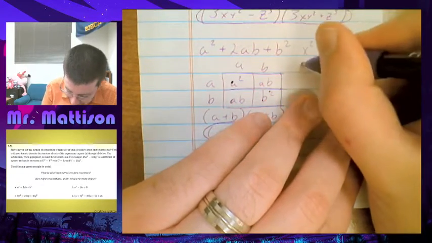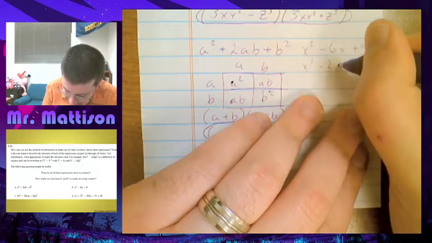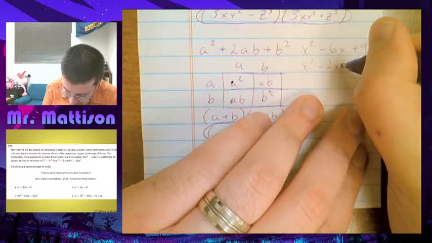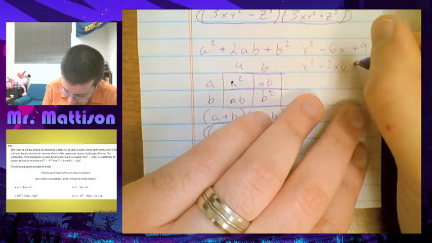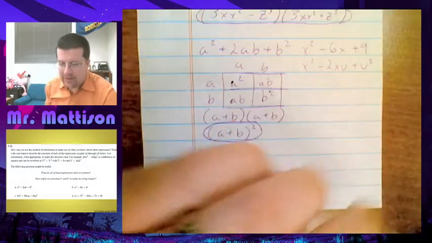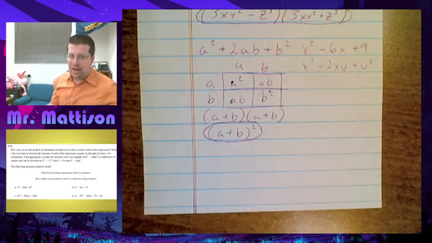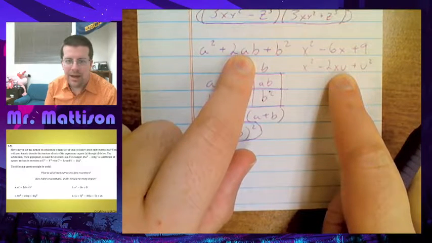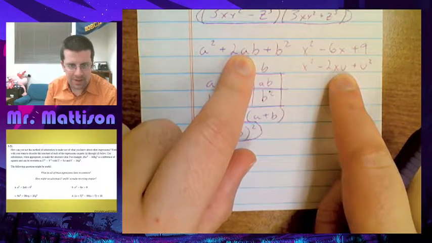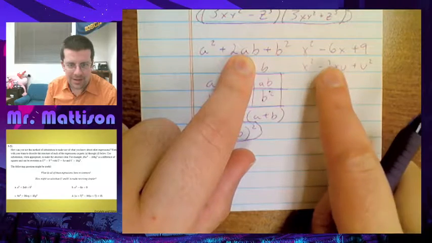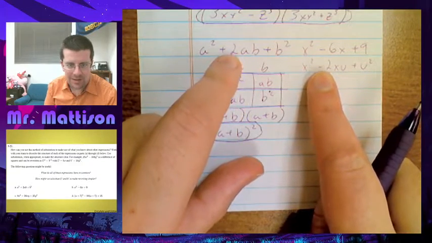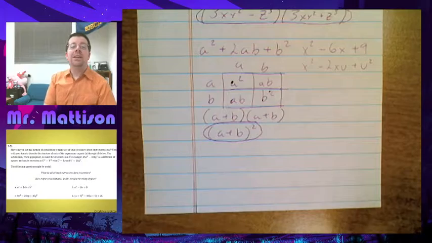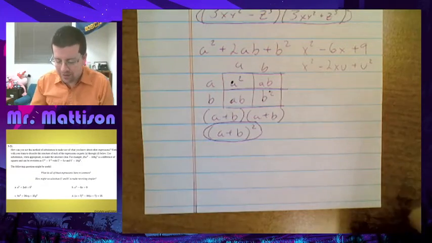So if I did that, I would have x squared minus 2 times x times u plus u squared. Now, the only reason why I did this is that we can see, hey, this and this look an awful lot alike, right? All I have is a minus sign as opposed to a plus sign here. So I want to keep that in mind while I go ahead and do this out.